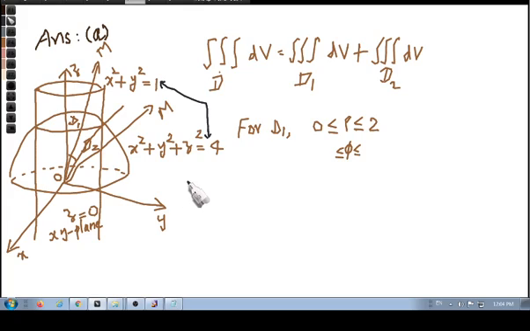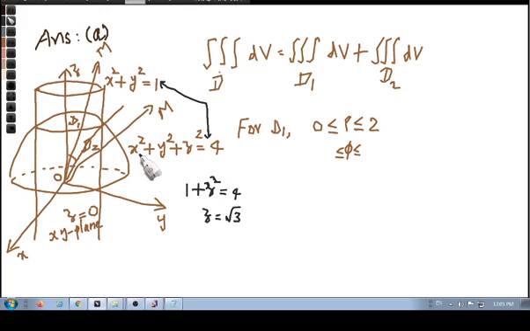Substitute x square plus y square equal to 1 in the second equation. So you will get 1 plus z square equal to 4. So z square equal to 3 or z is equal to root 3. There is no minus root 3 because minus root 3 is below the plane z equal to 0.